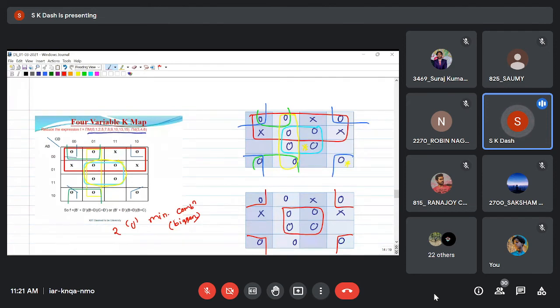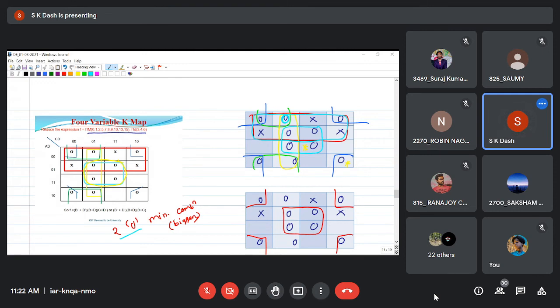Can we cover both the zeros? No, it will not happen. How will it happen? This is an octet. If we cover using this, only this 0 will be covered. Okay. The bottom 0, how will we cover it? We cannot cover it. So octet is a bigger combination, but our target is to cover two zeros, and using an octet we are not able to do that.